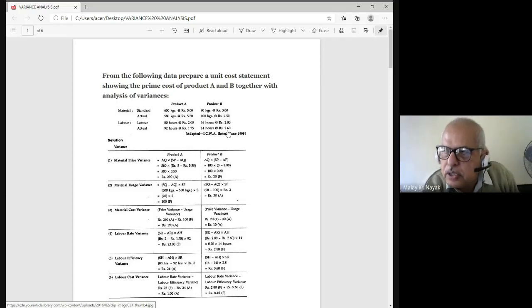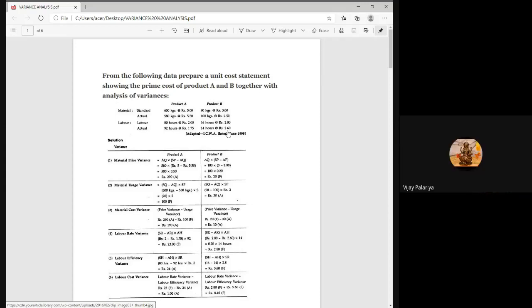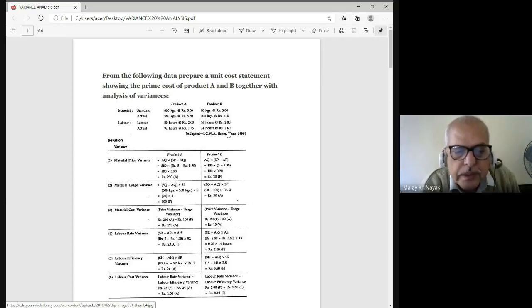You should write 2.80 because it is rupees. Your actual cost is less, so it is favorable. Therefore, you should write F.